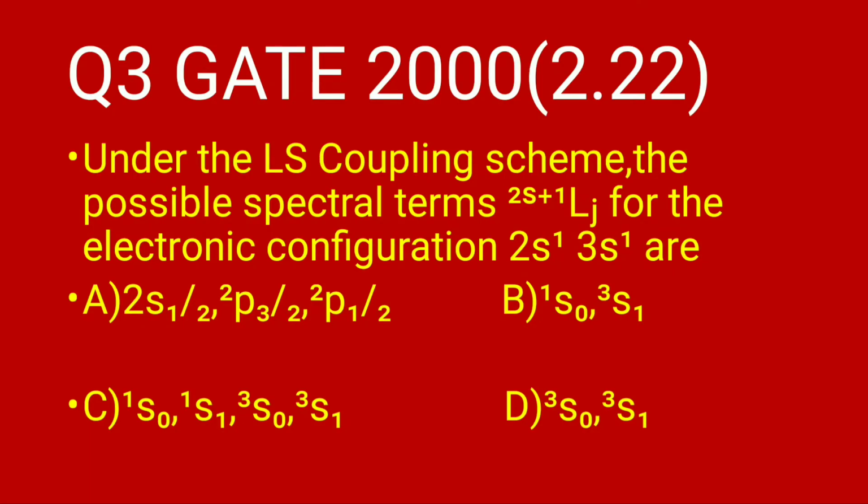Under the LS coupling scheme, the possible spectral terms 2S+1 L J for the electron configuration 2s1, 3s1 are: option A 2S1/2, 2P3/2, 2P1/2; B 1S0, 3S1; option C 1S0, 1S1, 3S0, 3S1; option D 3S0, 3S1.